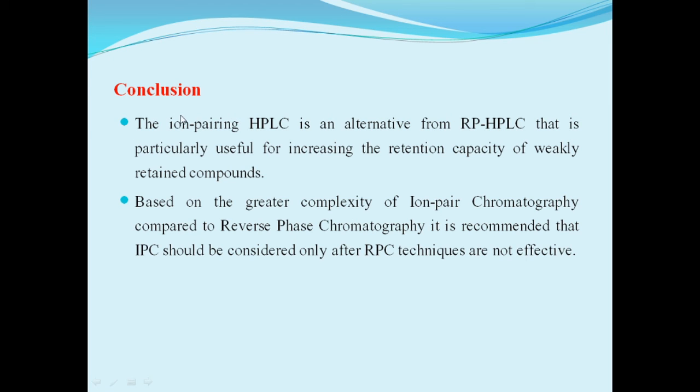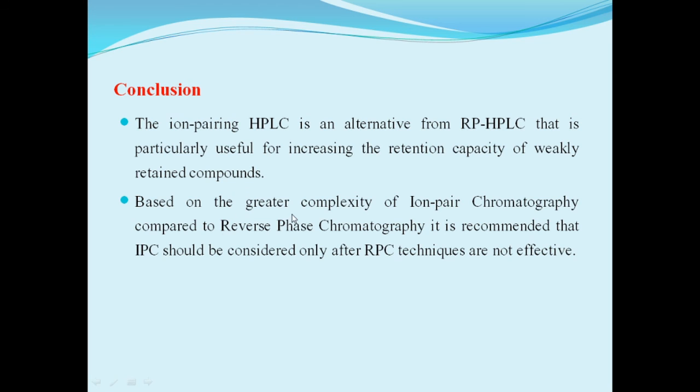Next, conclusion of this overall IPC topic. Ion pairing HPLC is an alternative to reverse phase HPLC that is particularly useful for increasing the retention capacity of weakly retained compounds.